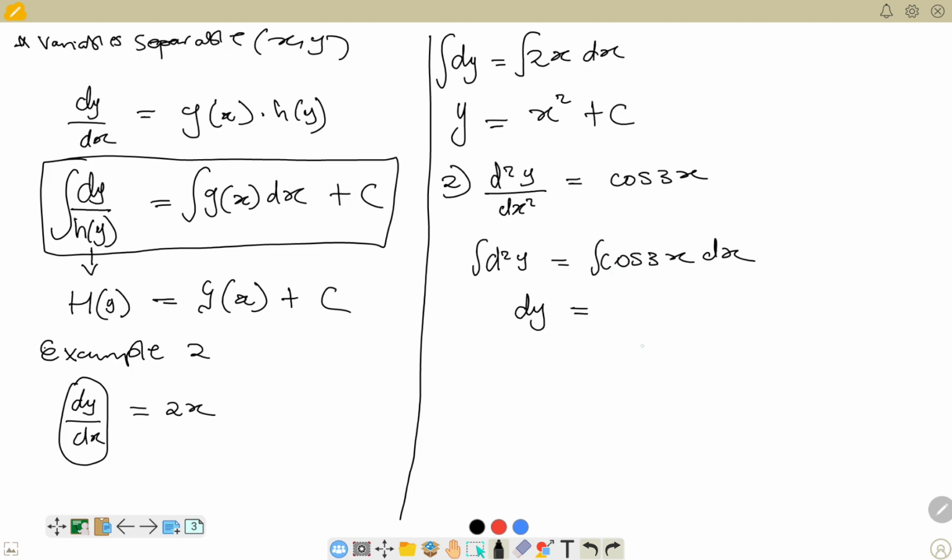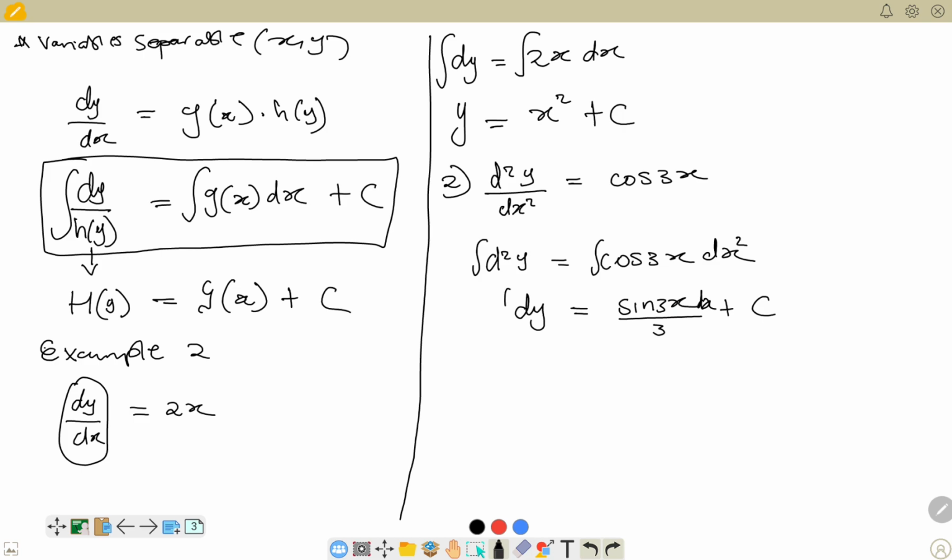When we integrate cos 3x, it's not going to give us a negative, it's going to give us sine 3x. We have to divide by 3 because we have cos 3x, then plus a constant. So if I've integrated once, I'm left with dx only.